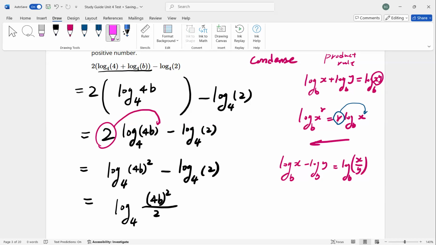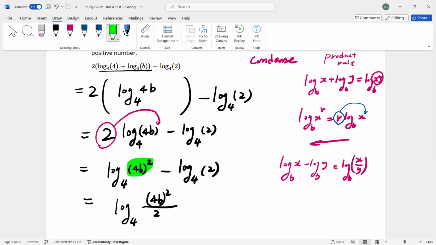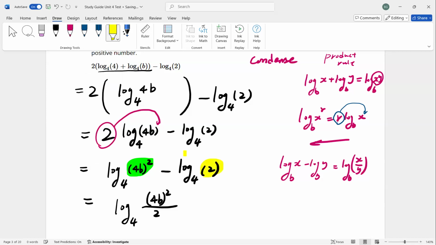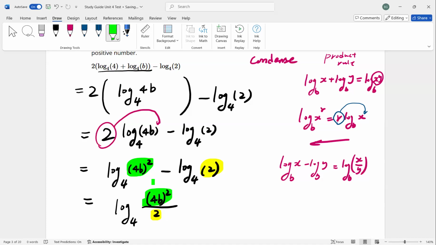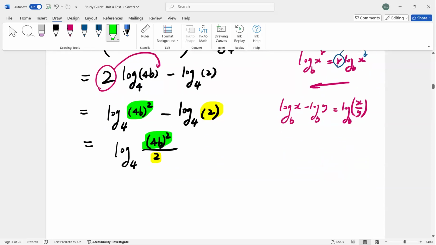I can use the color scheme to show you: log with base 4 of green minus log with base 4 of yellow. By the quotient rule, we have log with base 4 of green over yellow. Green over yellow can be simplified a little bit more.